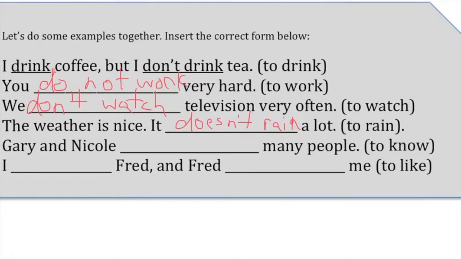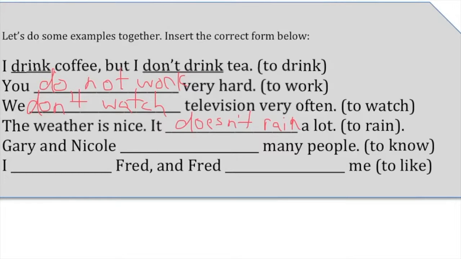Next one, we have Gary and Nicole right here. Gary and Nicole blank many people. As a negative, it's two people. Is it I, you, he, she, it, we, or they? You should be thinking that it is a they. So, they blank many people.